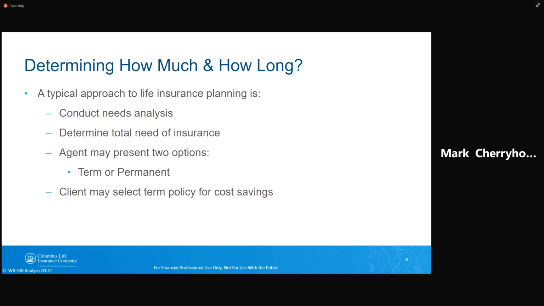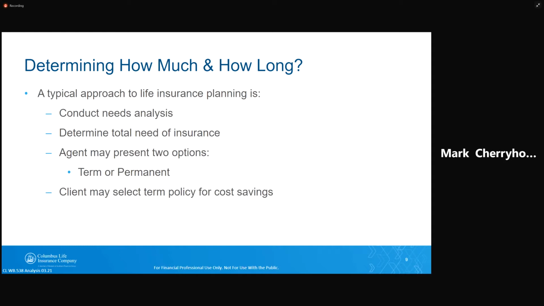And then once you complete it, you determine the amount of life insurance. You present solutions, and normally, but not always, term insurance comes into play, and possibly permanent insurance. Since the client may not fully understand what permanent insurance is and the permanent nature of some of the needs they're ultimately protecting against, quite often they gravitate and choose term insurance rather than permanent insurance.